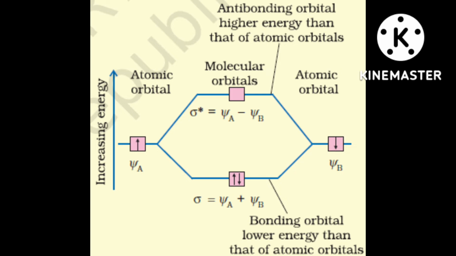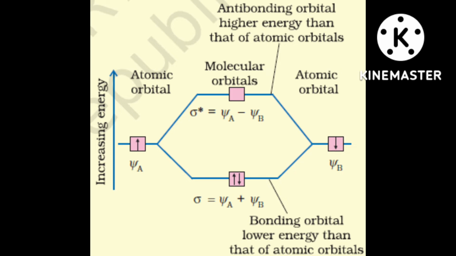Repulsion will be very, very less. That is one case. When repulsion is less, the molecule will be stable. The H2 molecule will be stable. That is actually called bonding.